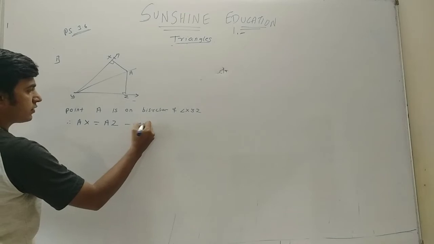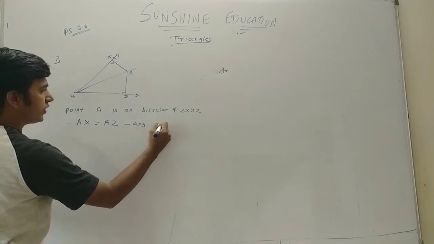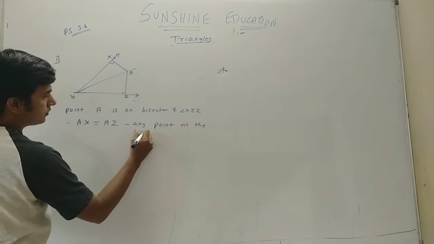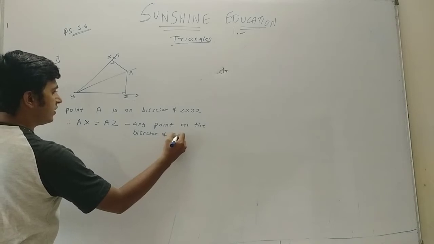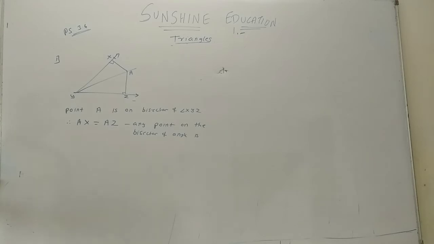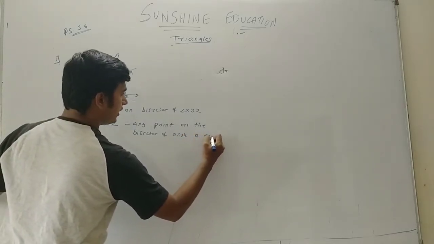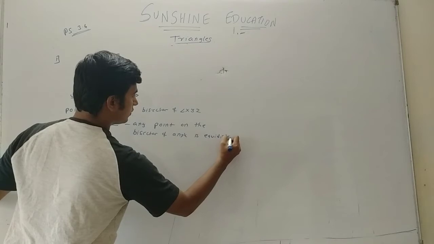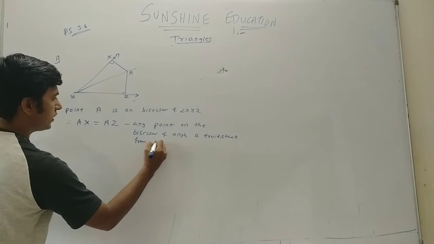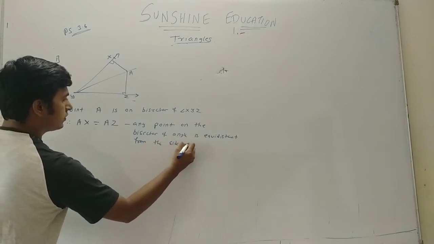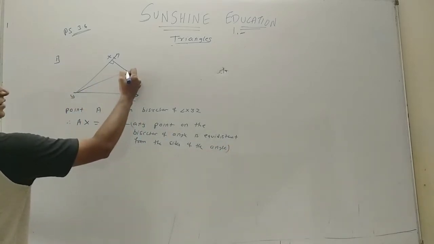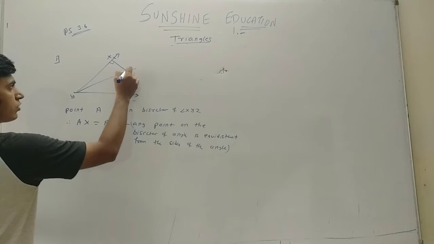Any point on the bisector of an angle is equidistant from the sides of the angle.